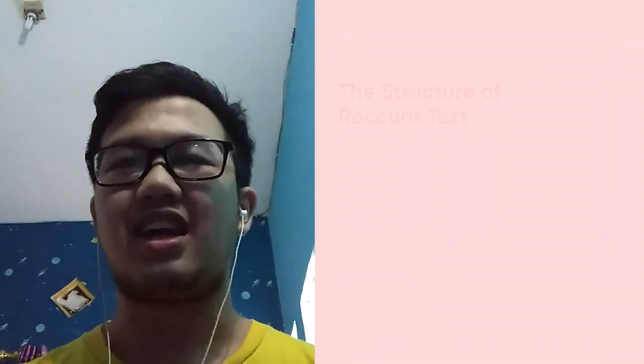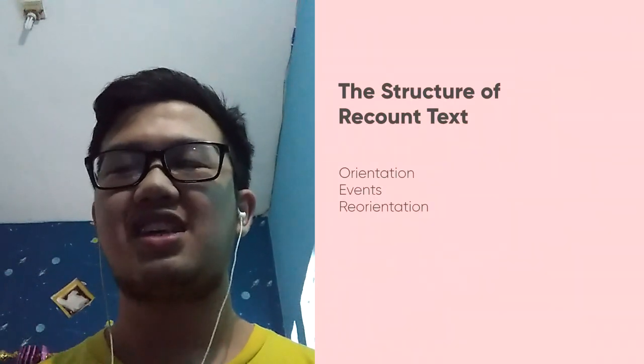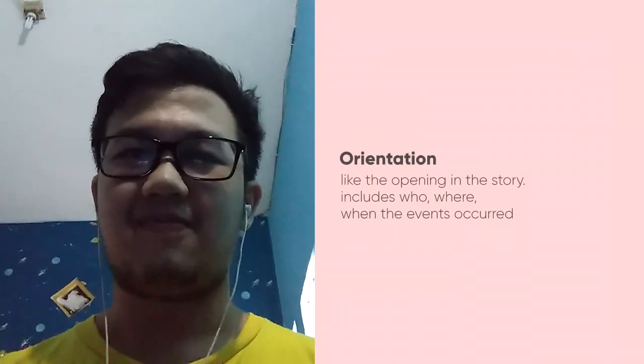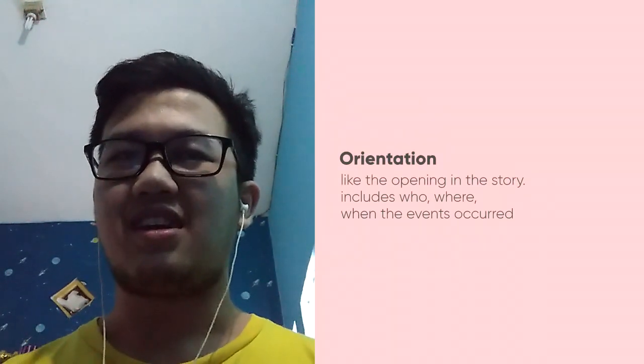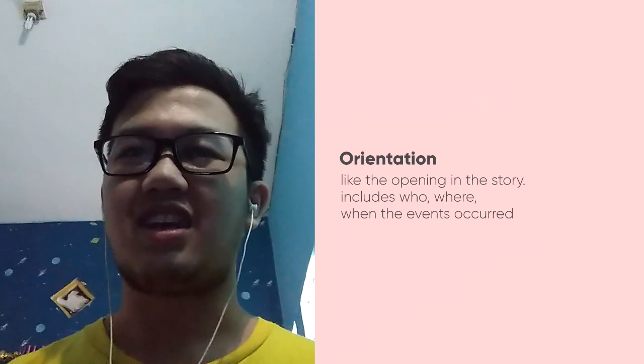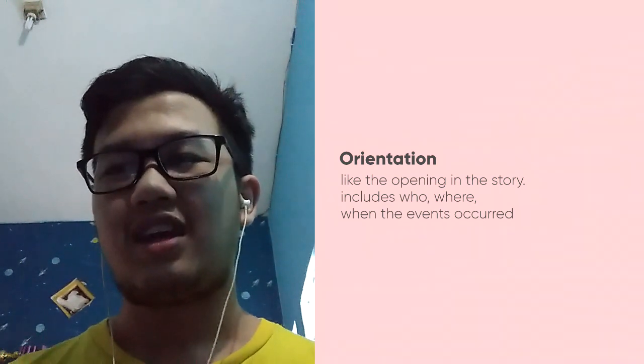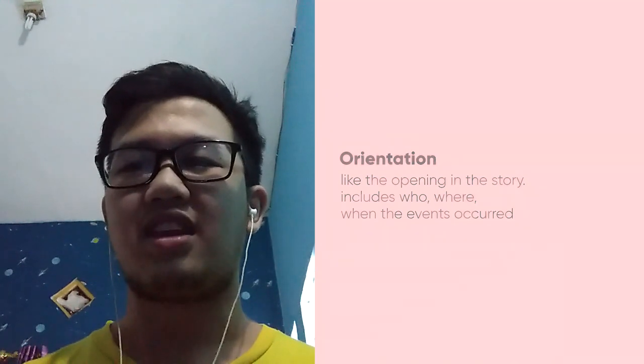So what is the structure of the context? There are three structures: orientation, events, and reorientation. Orientation contains an introduction in the form of information on who, where, and when the event happened.